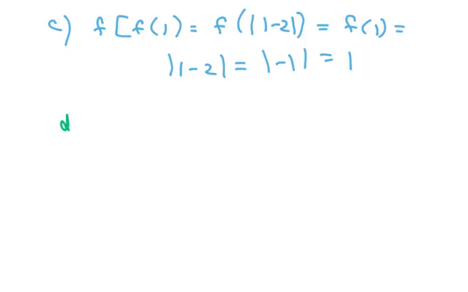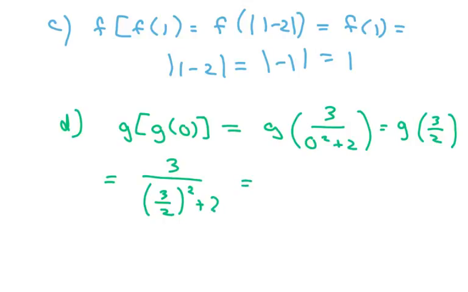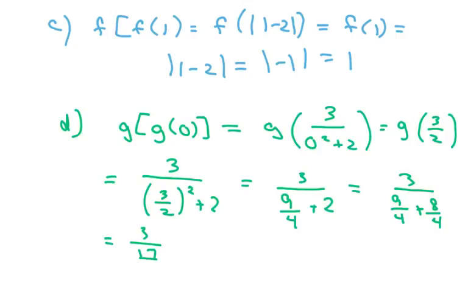And the last one is g of 0. Alright, so this is going to be g of 3 over 0 squared plus 2, which equals g of 3 halves, which equals 3 over 2 squared plus 2, which equals 3 over 9 fourths plus 2, which equals 3 over 9 fourths plus 8 fourths, which equals 3 over 17 fourths.